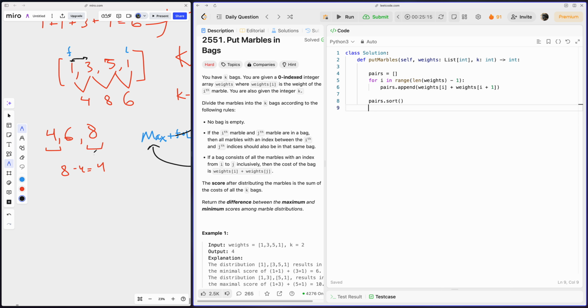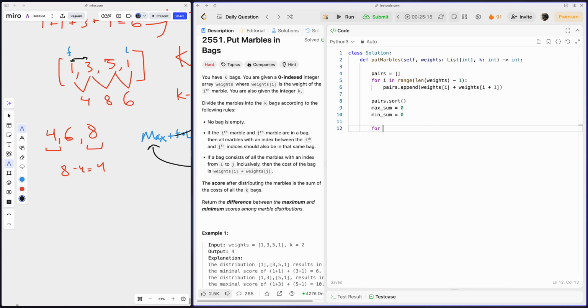So after we sort the pairs, we could do the max sum is equal to 0, let's just say. Min sum is 0. The first k minus 1. So for I in range k minus 1, is that how it works? You just want to take the first k minus 1 of the beginning.